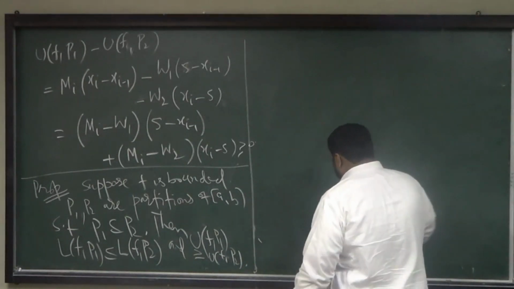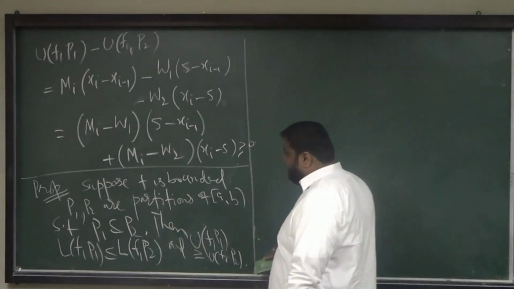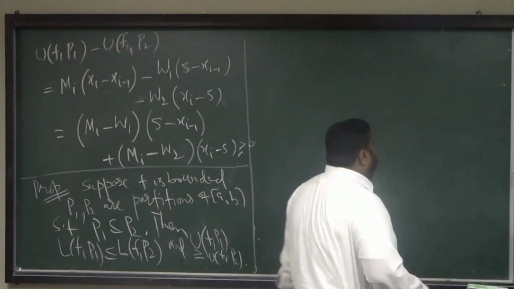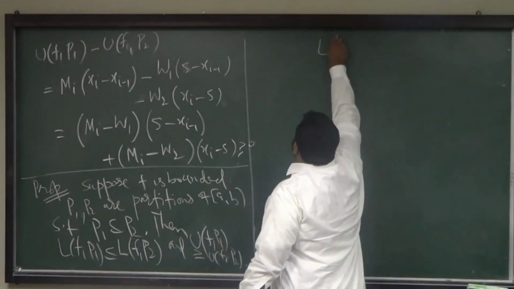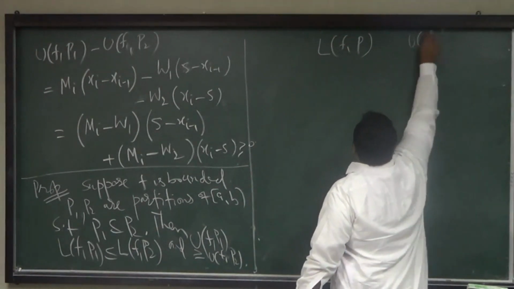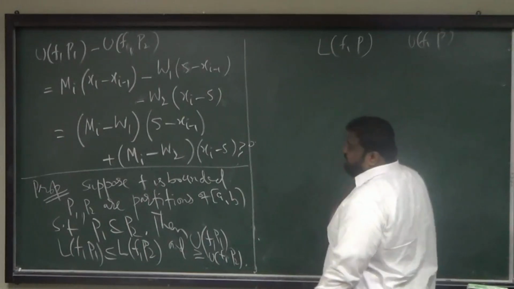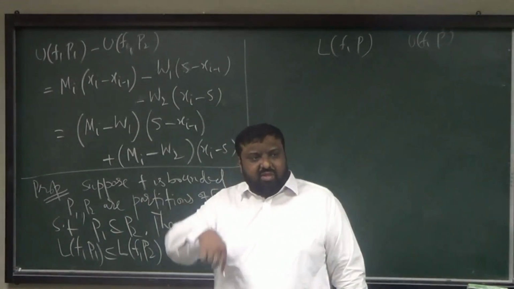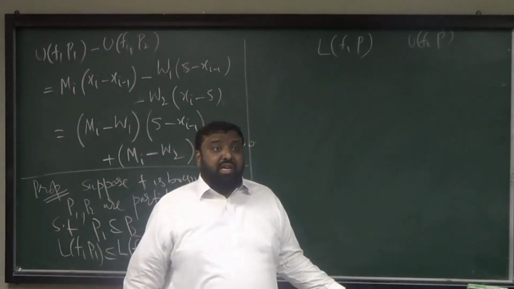Let's compare; just think about it. It's a pretty much obvious question. For a partition P, which is bigger, L(f,P) or U(f,P)? U(f,P), for some reason. Why?